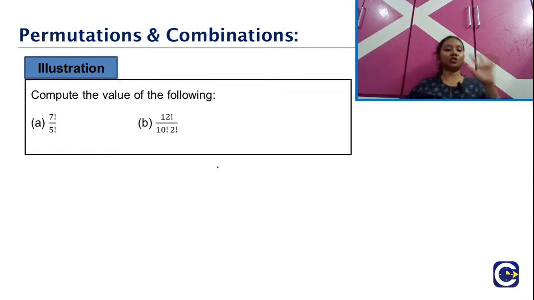As it has a numerator and denominator, we can apply the factorial properties which we have seen in the previous slides, so that we can cancel some terms here.